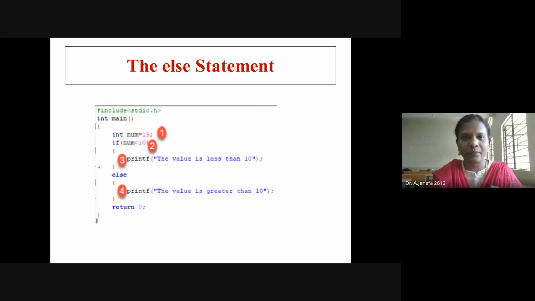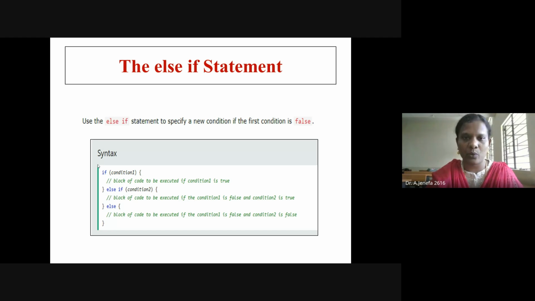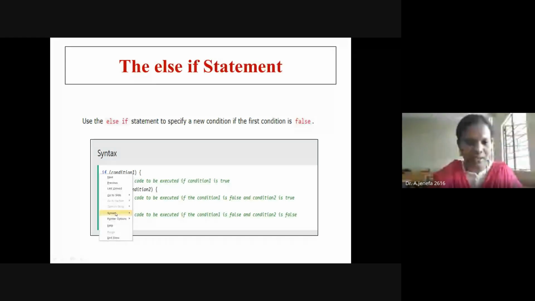The next one is the else if statement. What is this else if? The else if statement is used to specify a new condition if the first condition is false. See here, this is the syntax of the else if statement. We have more conditions: inside the if we have condition 1, and we have another condition given with the keyword else if.